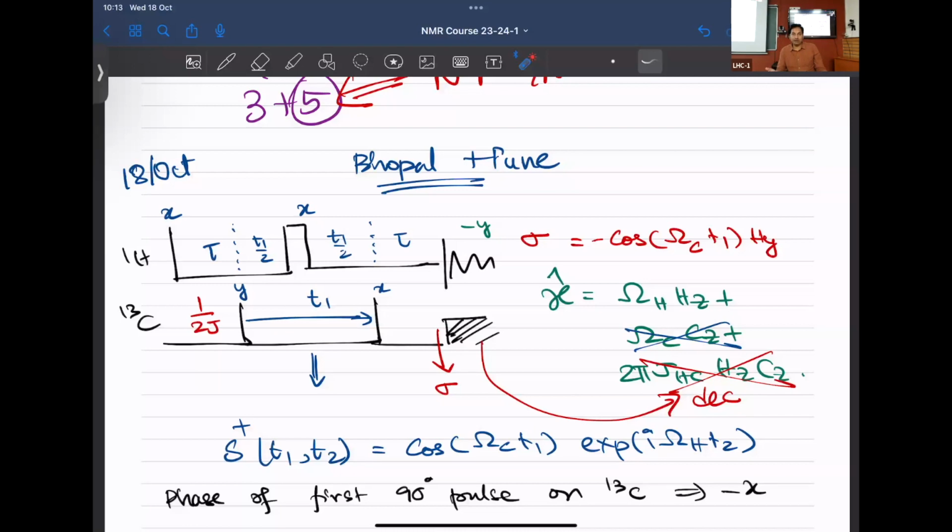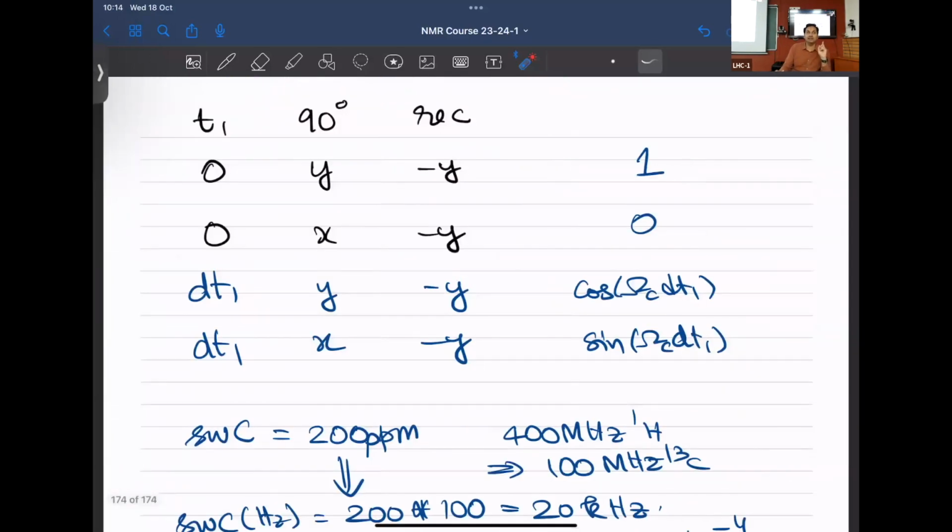So what we are able to understand, this way you can still tune for larger J couplings between proton and carbon. But the more important thing that we tend to learn here, only the directly bonded carbon proton will give us signal. 13C bonded proton will only give us signal. If you have a mixture of 12C to 1H and 13C to 1H, this signal will actually be cleaned out by something called phase cycling.